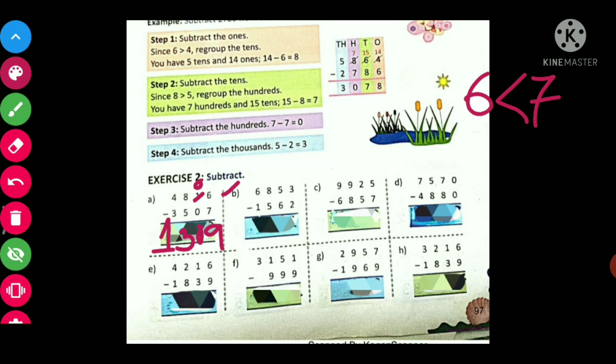Okay, now see the B part. So we'll start from the ones place value. So 3 minus 2, how much will it be? 1. 5 minus 6. Can we subtract 6 from 5? Not 5 from 6, 6 from 5.